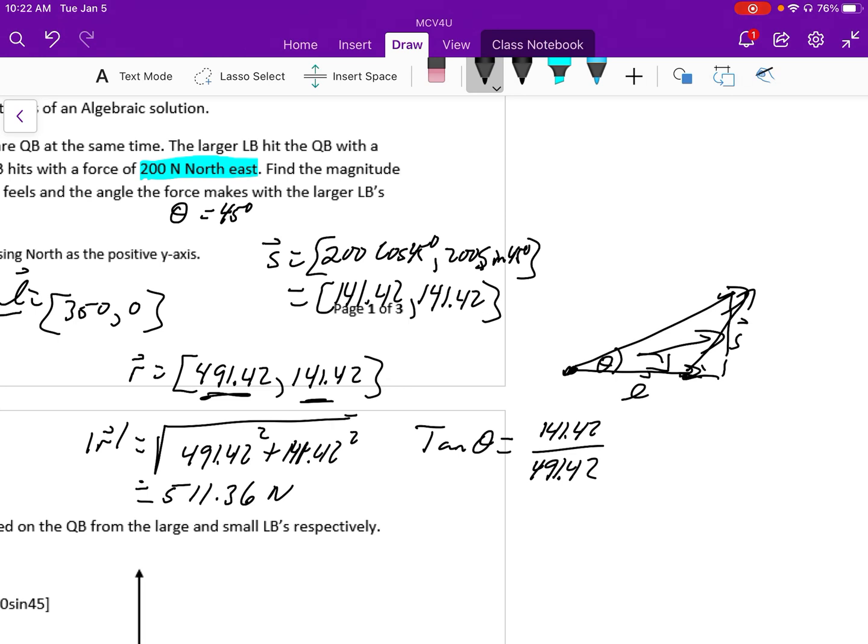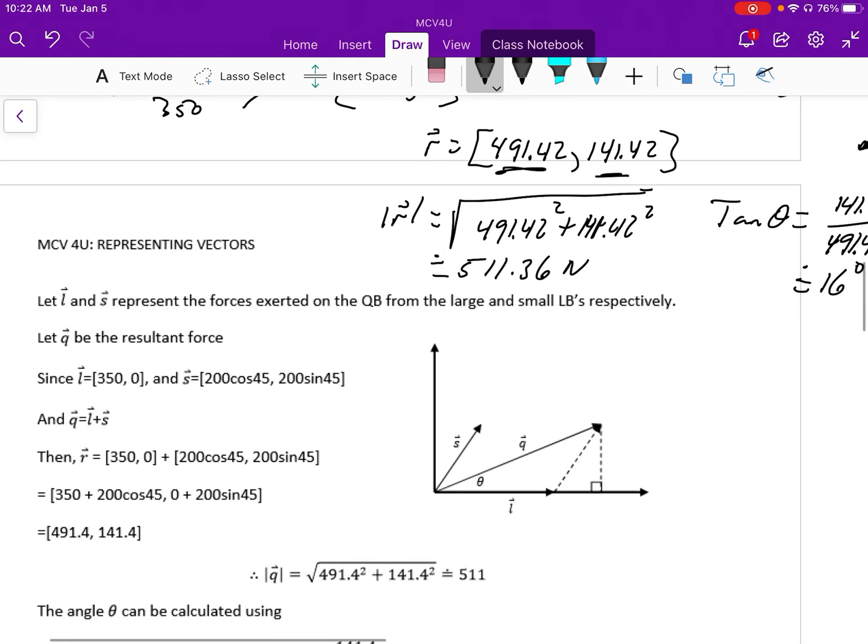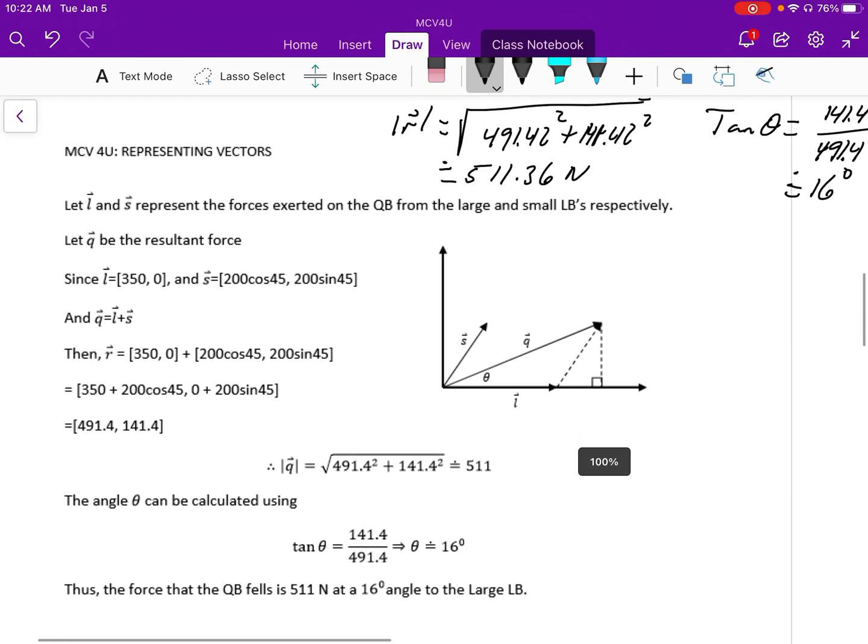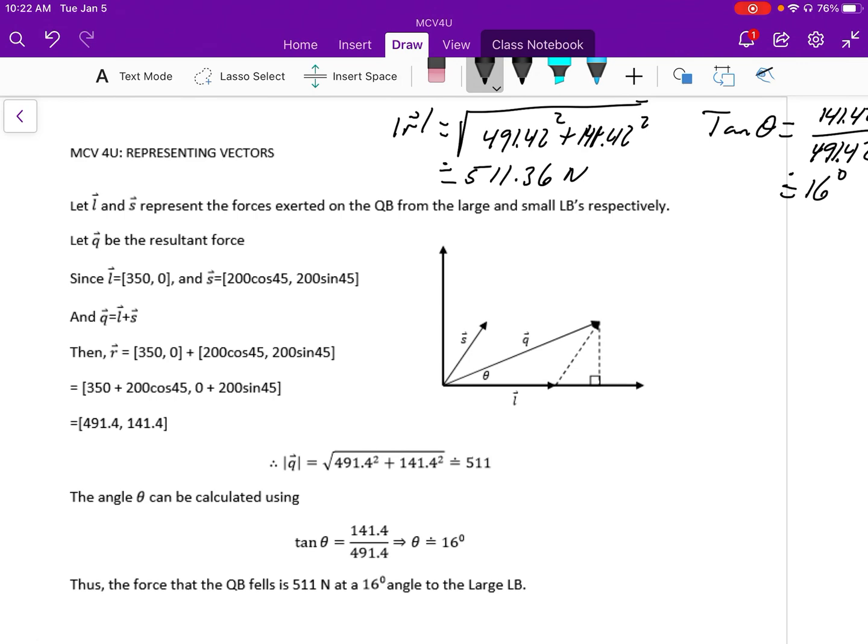We take the inverse of that, the tan inverse, of 141.42 divided by 491.42, which gives us approximately 16 degrees. So again, we have the exact same answer that we did before.